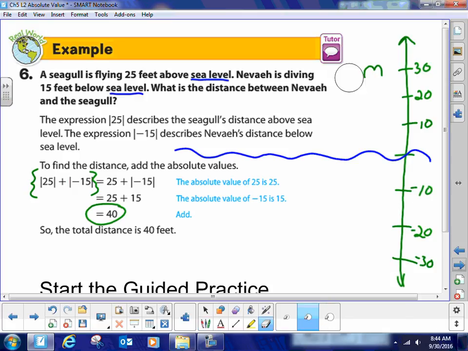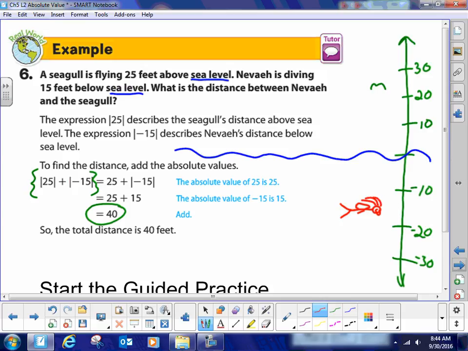Not 30, 25. And then you got your diver at 15, right? Got a diver, swimming off to the side, got goggles on, make long hair. All right, bubbles. Okay. All right, you got a diver, right?